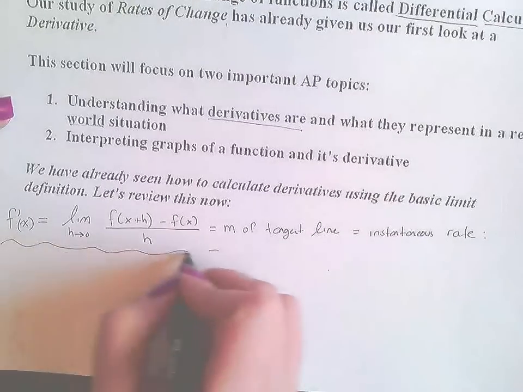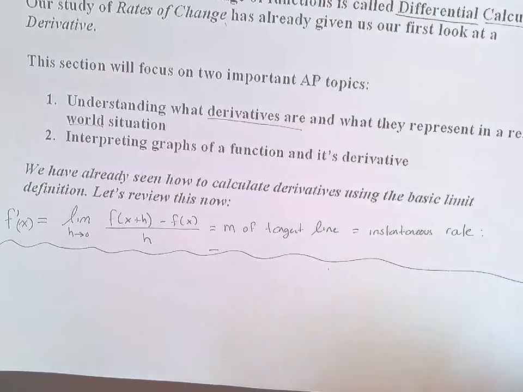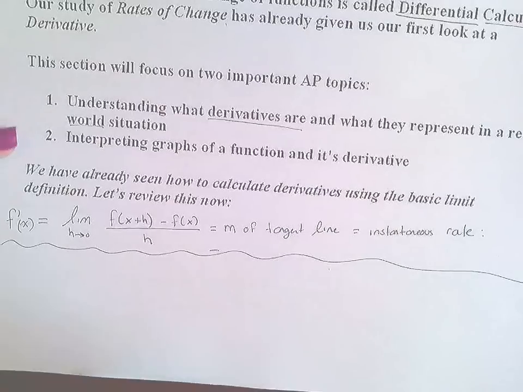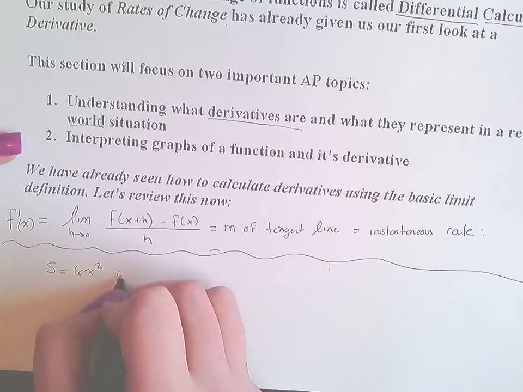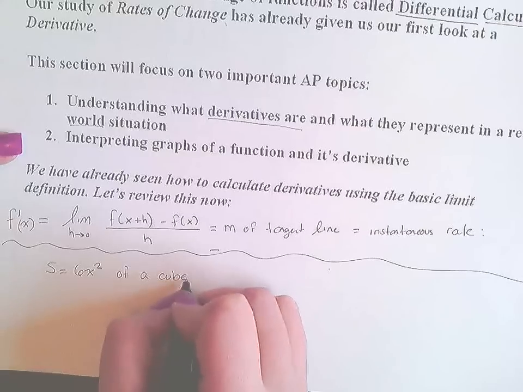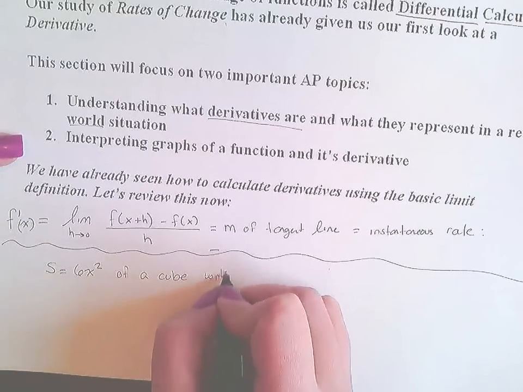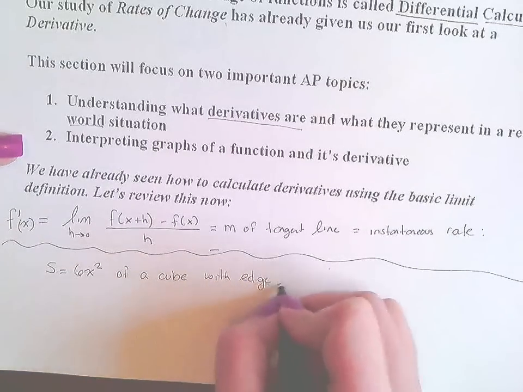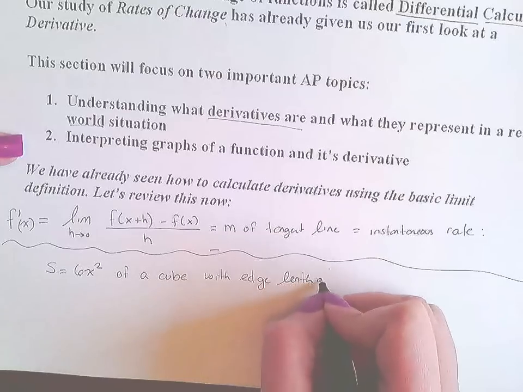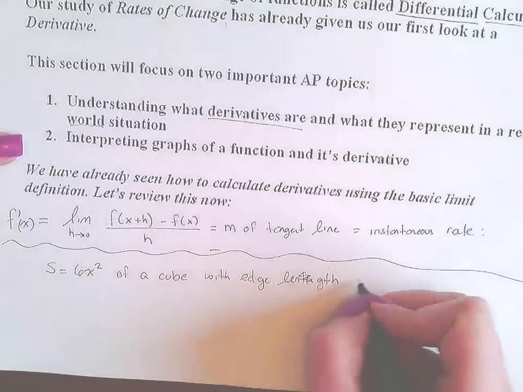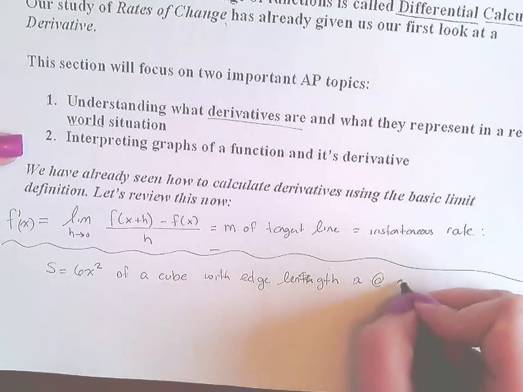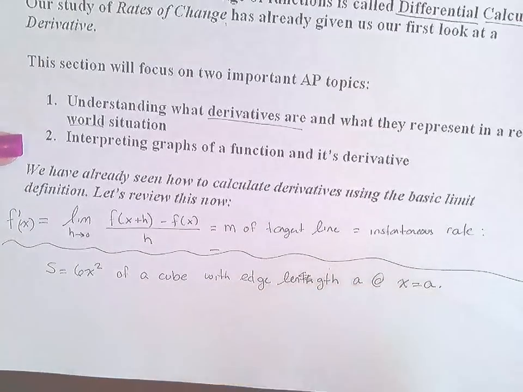So a quick example in your notes, the one that you printed out, it says a problem that dealt with calculating the instantaneous rate of change of the surface area, s equals 6x squared, of a cube with the edge length a at x equals a.